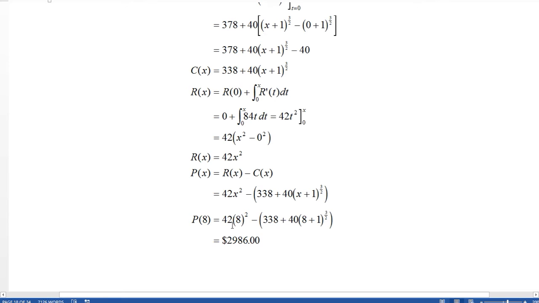Or any other amount, I can just plug it in here. 8 plus 1 is 9, square root of 9 is 3, 3 cubed is 27, 27 times 40 plus 338. We're going to subtract that from 42 times 8 squared, and that does turn out to be positive $2,986. So they have a positive profit at that point. They have gained money.